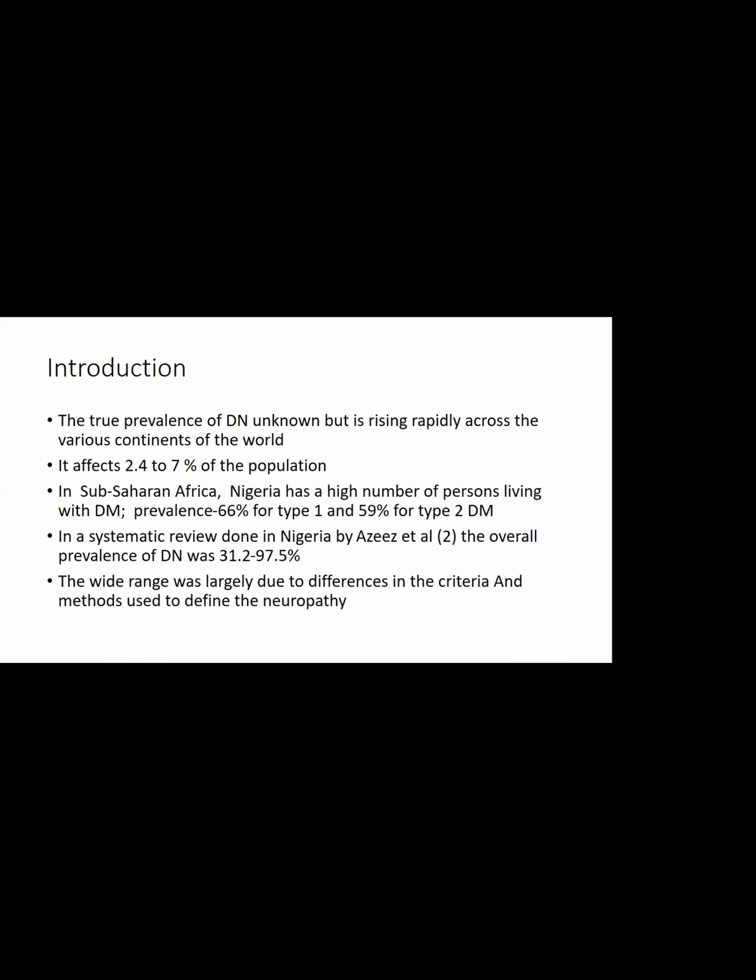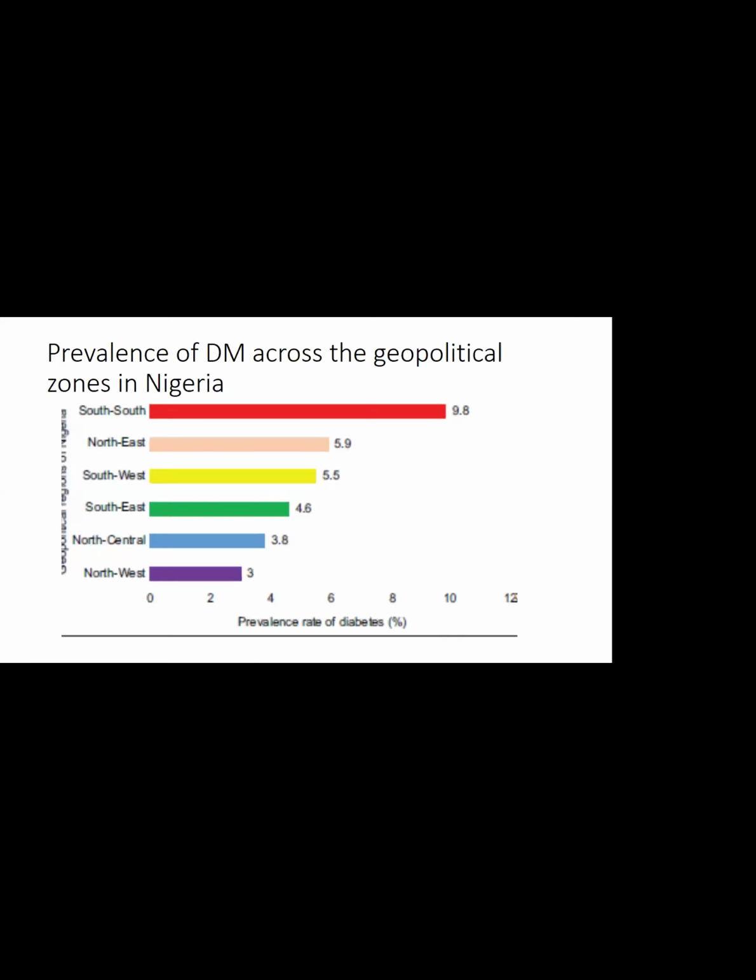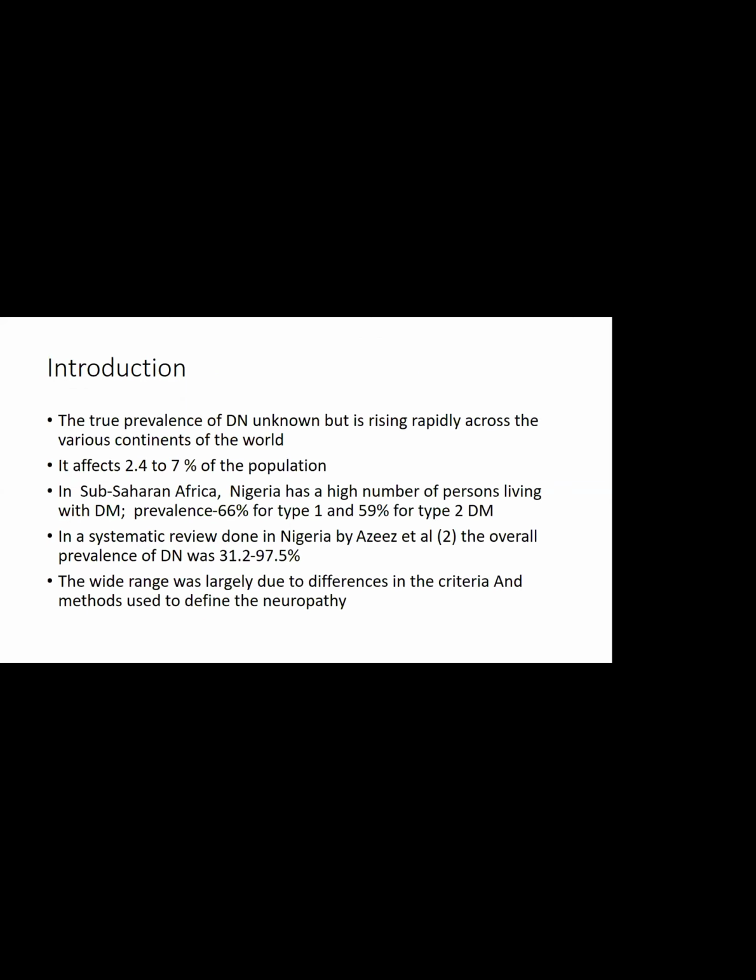Yes, it's a systematic review that collected all the papers on diabetic neuropathy in Nigeria, ranging from south, northeast, northwest, southeast, north central, and northwest. So that's why the prevalence is wide, and it's mainly due to the different criteria used by different authors and the definition of neuropathies that has been used in their studies.